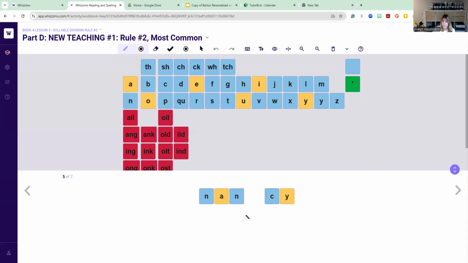They also learned what we call the Fancy Nancy rule, which says that C at the end of a multi-syllable word is spelled CY. Okay, so we see that in a word like Nancy or Fancy or Stacy or Tracy, anything like that. So C at the end of a multi-syllable word is spelled CY.